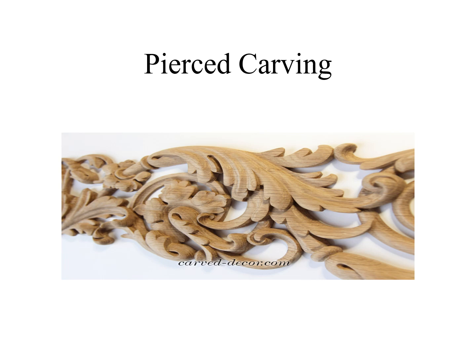The result is this captivating interplay of light and shadow, with the negative spaces becoming as important as the carved elements. Pay attention to the following furniture slides. Can you identify the pierced carving?